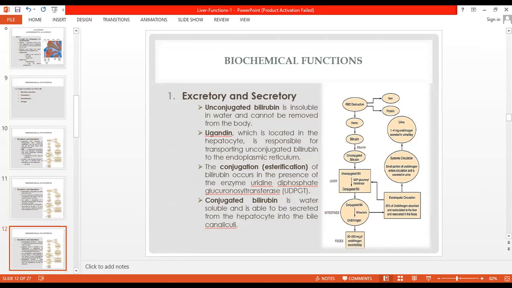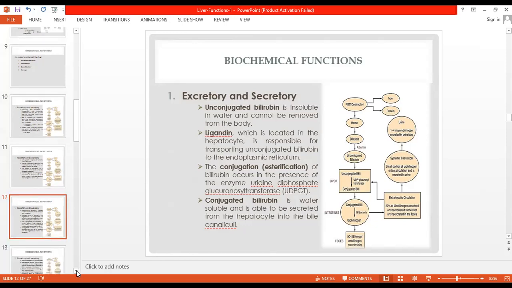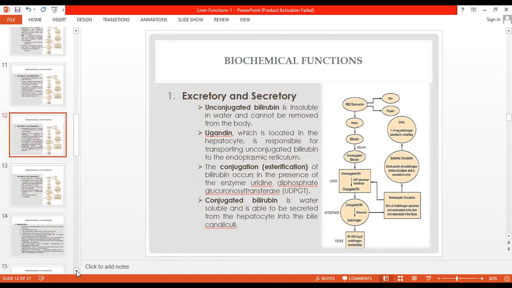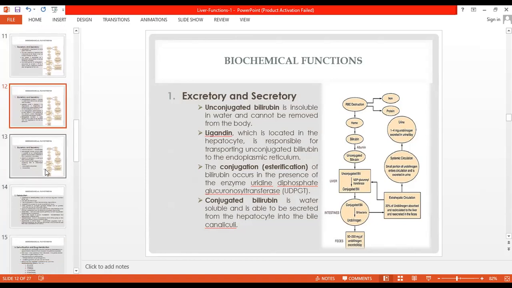Conjugated bilirubin is water soluble and is able to be secreted from the hepatocyte into the bile canaliculi.